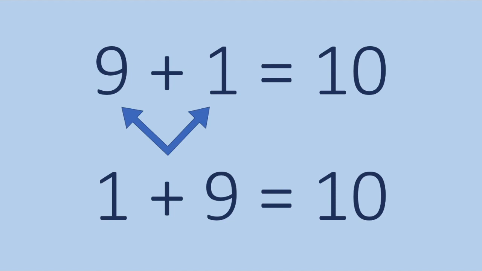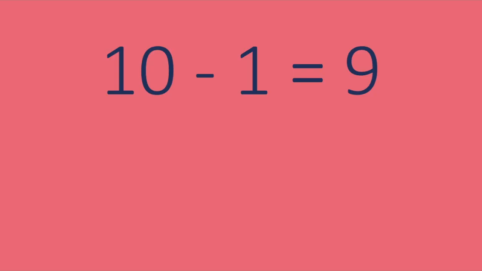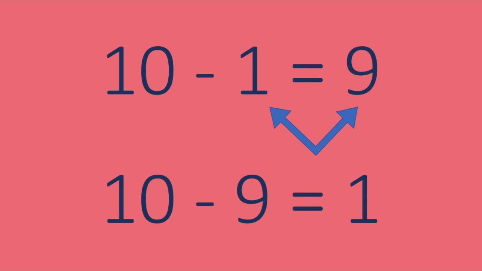With that, we know that 10 minus 1 equals 9. Now with the subtraction equations, we can do the same thing as we did in the last part with the addition. If I swap the numbers 1 and 9's places, I'm still going to end up with the same equation. So if 10 minus 1 equals 9, I also know that 10 minus 9 equals 1.